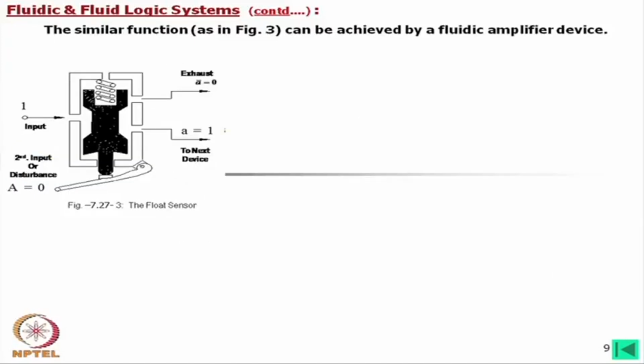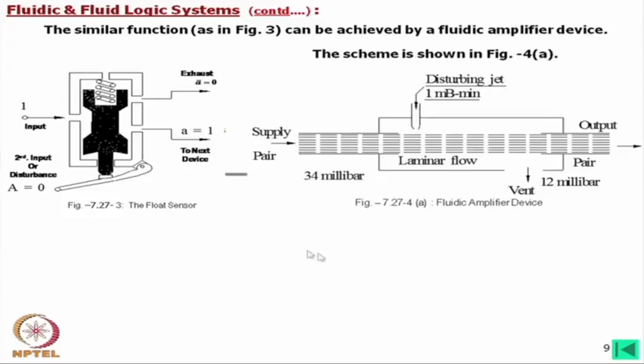Now, a similar function can be achieved by a fluidic amplifier device also. How? In this case, let us consider this is a large tube and it is blocked here. A small piece of large diameter tube is blocked here. Imagine this is a cylindrical body; it may be a square or rectangular cross section, but let us imagine it is circular. Here there is a small hole.